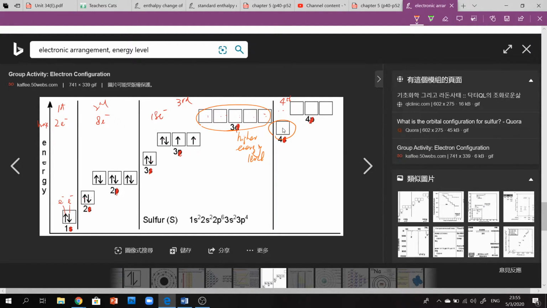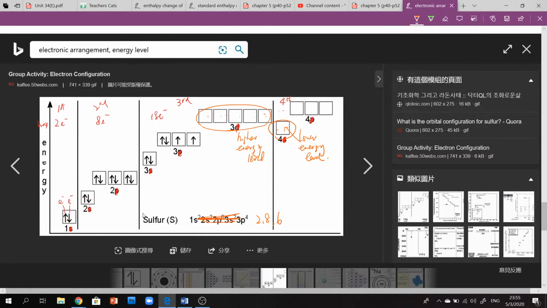So that's why you may see this one a little bit lower in energy than the 10 electrons in those 5 boxes, which means that for sulfur you are going to have an electronic arrangement like this. We have 2, 8, 6, right? Can you see that? 2, 8, 6.